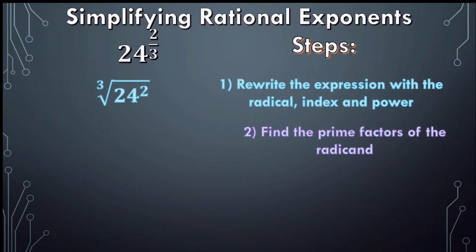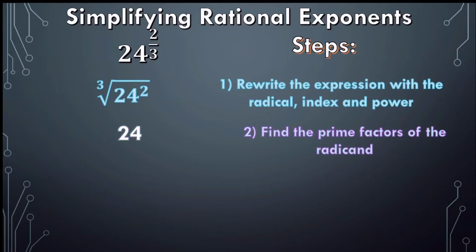Step 2 is going to be to find the prime factors of the radicand. So in this example, it's 24. You might want to add to your notes, it means do a factor tree. So I'd write where it says find the prime factors, parentheses, do a factor tree of your base.